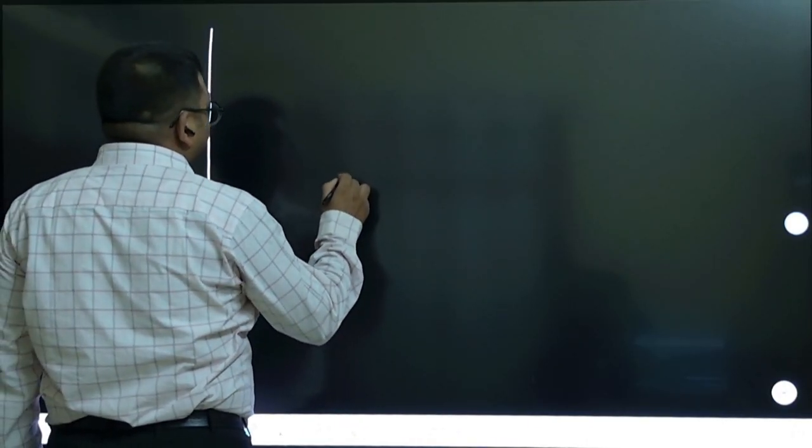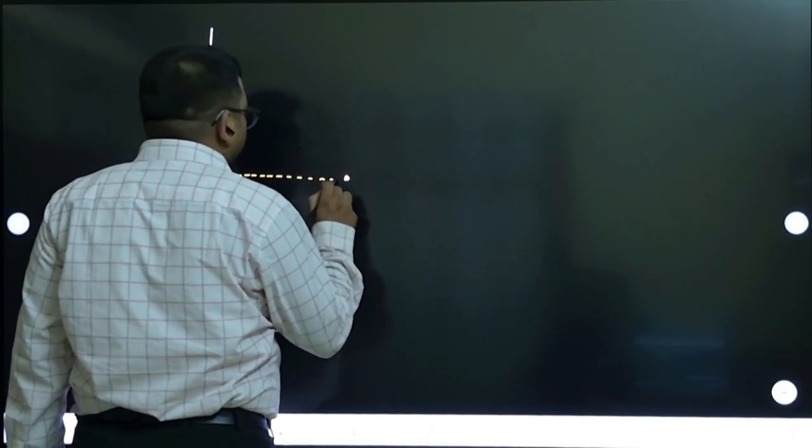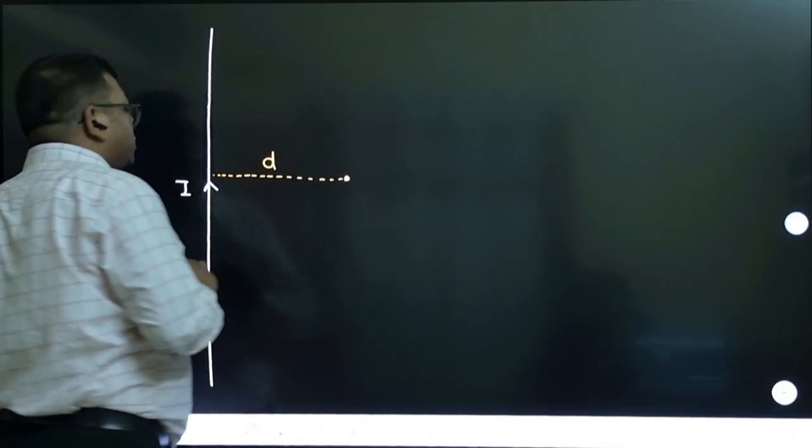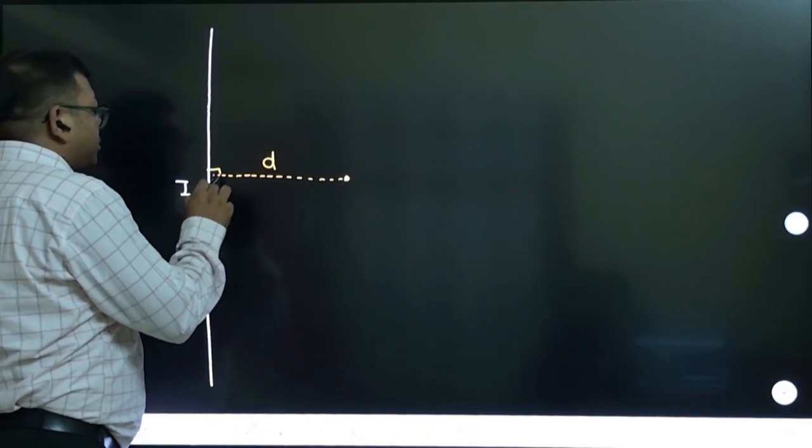Anywhere here, at a distance, let us take this distance as d. Keep it as d, that is better, because r we will choose as a variable. This is d, the perpendicular distance.